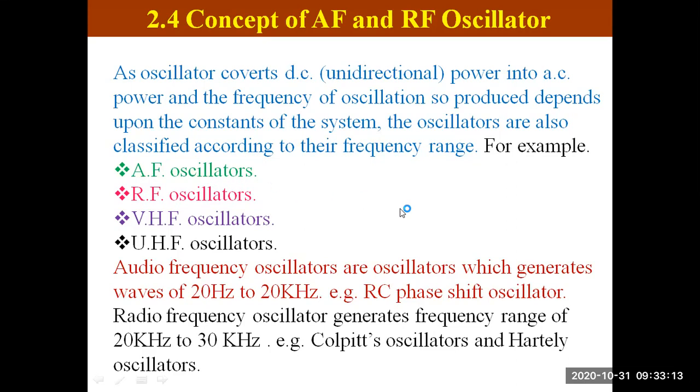The circuit that produces oscillation whose frequency lies in between 20 Hz to 20 kHz, such oscillation produced by an oscillator is called an audio frequency oscillator. You know that the audio frequency range lies in 20 Hz to 20 kHz.